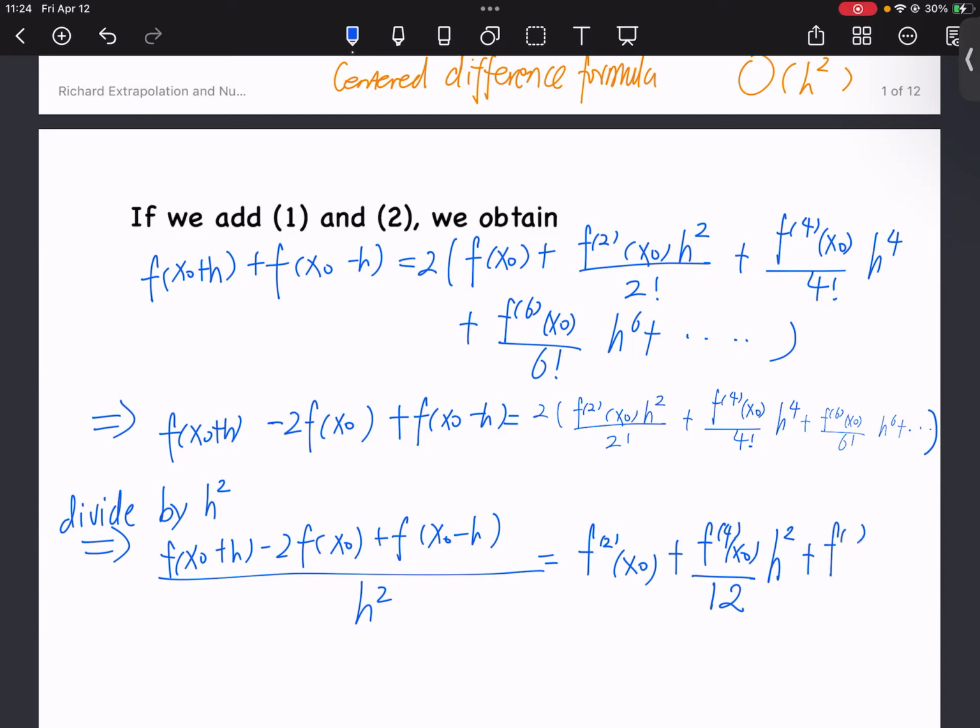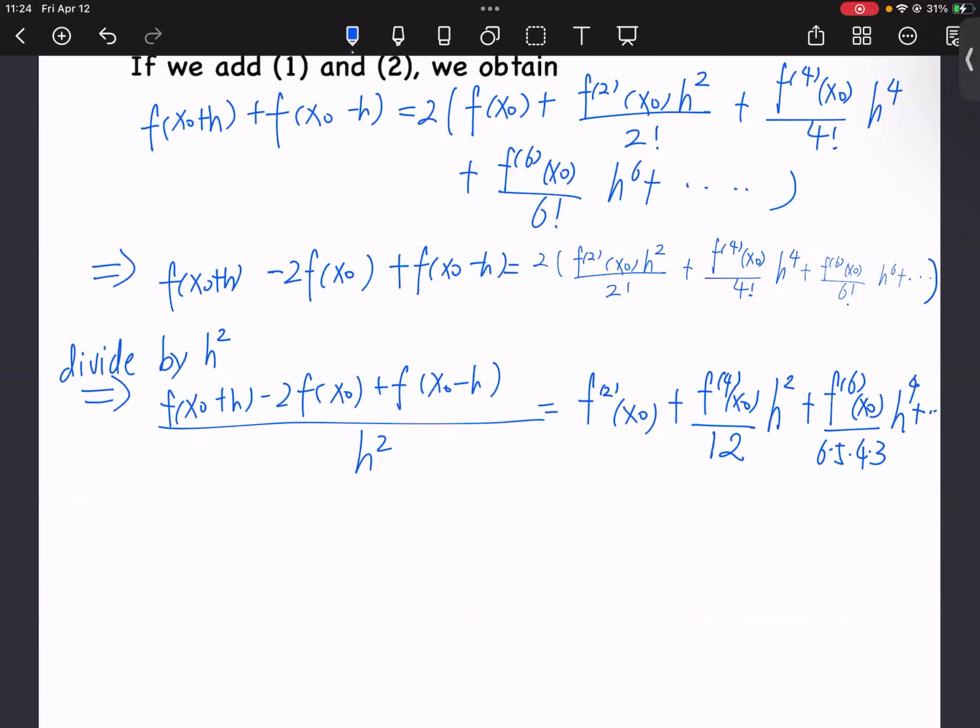And then we have the 6th derivative as well, 2 divided by 6 factorial. That's a big number, I'm not going to calculate it. But for this order, h⁶ divided by h², and then I got h⁴.